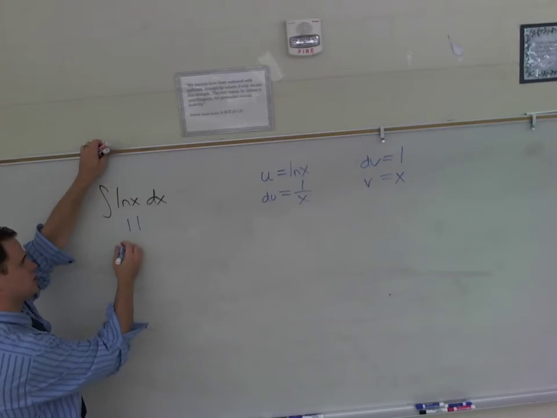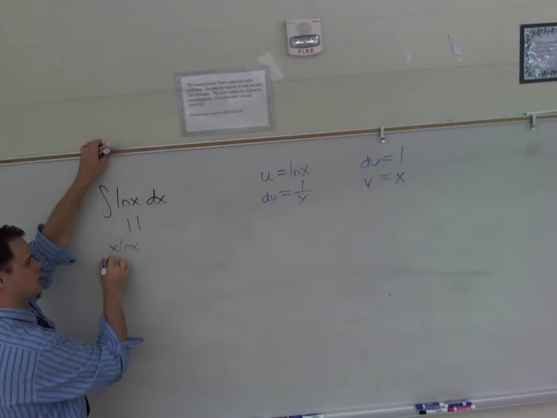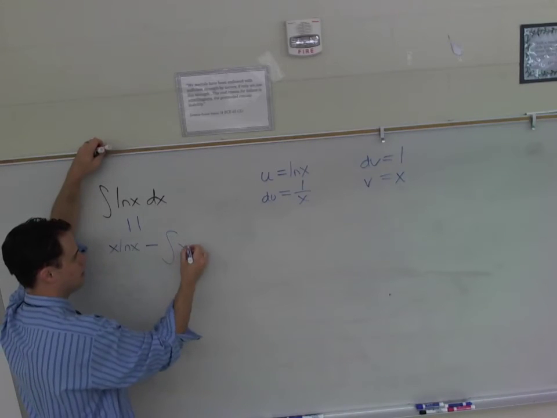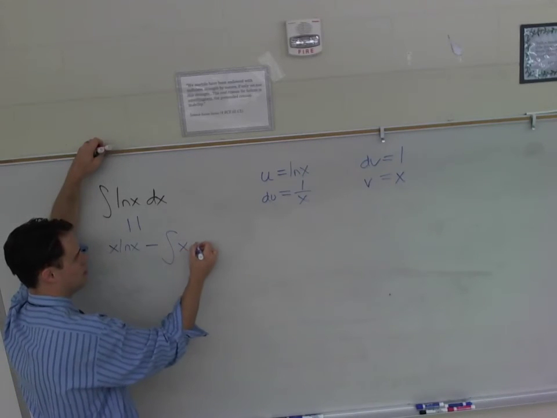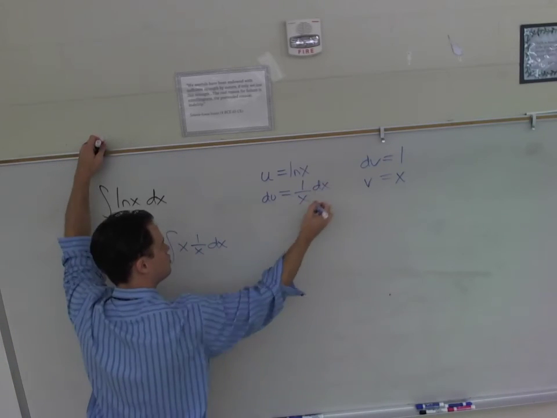So uv is ln of x and x minus the integral of v du. Oh, and I should have a dx here. Shame on me.